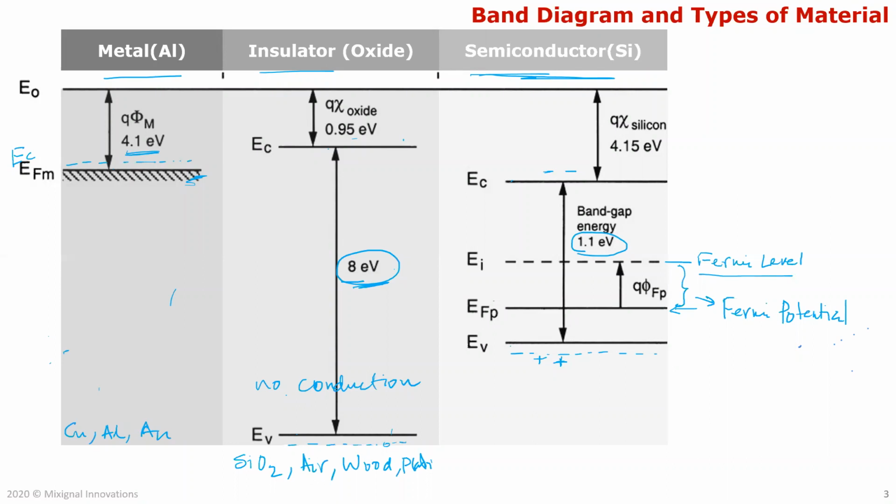If your Fermi level is right in the middle, equal to the intrinsic level, that means you don't have excess carriers. If it is lower than this, that means you have a lot of positive carriers, holes. If it is higher than this, that means the material has a lot of negative charge carriers for conduction. Okay, so that's what the Fermi level means.